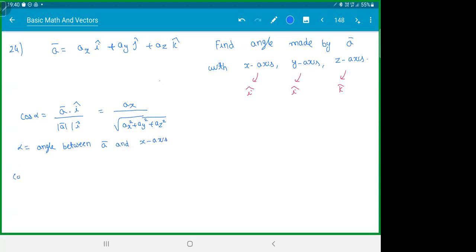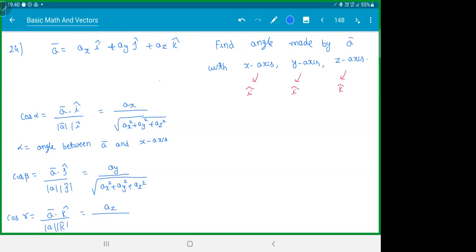Similarly, cos beta will be a bar dot j cap by mod a mod j cap. This will be ay by root over ax square plus ay square plus az square. Similarly, cos gamma will be a bar dot k cap by mod a mod k cap.